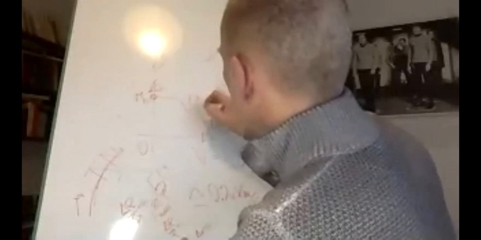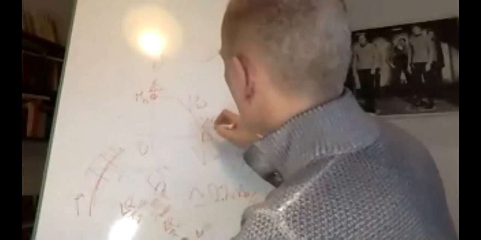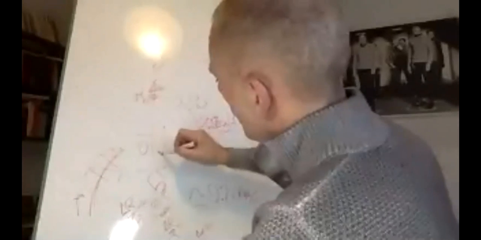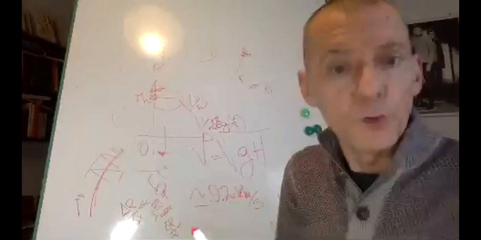Here you have M0. Here it goes as 1 over omega squared. So the flat part appears when you consider very long periods, as I told you.